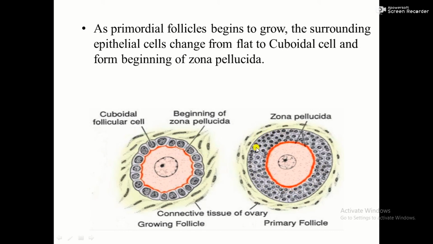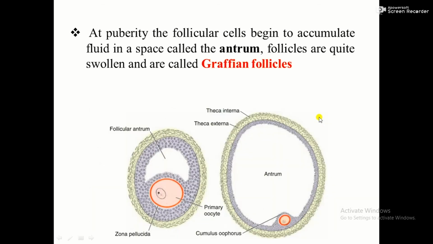Whenever the growth continues, we're going to have a group of cells surrounding the oocyte, multinucleated cells, and you can see that there is a zone clearly appeared. We call the zone zona pellucida.